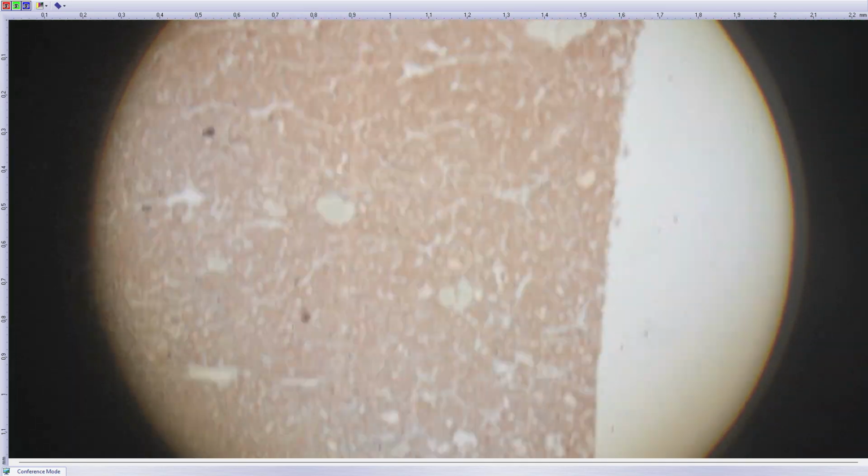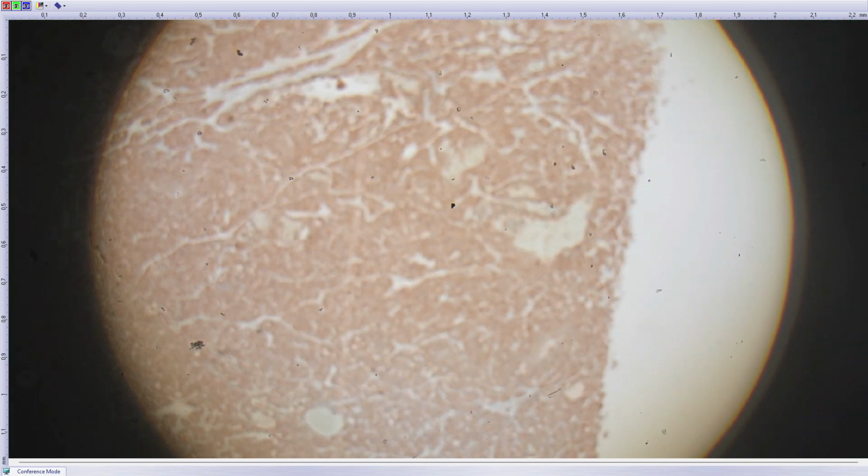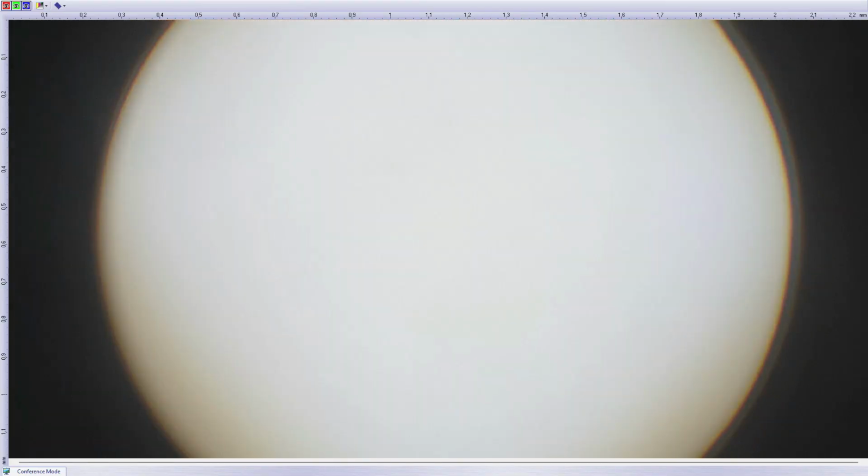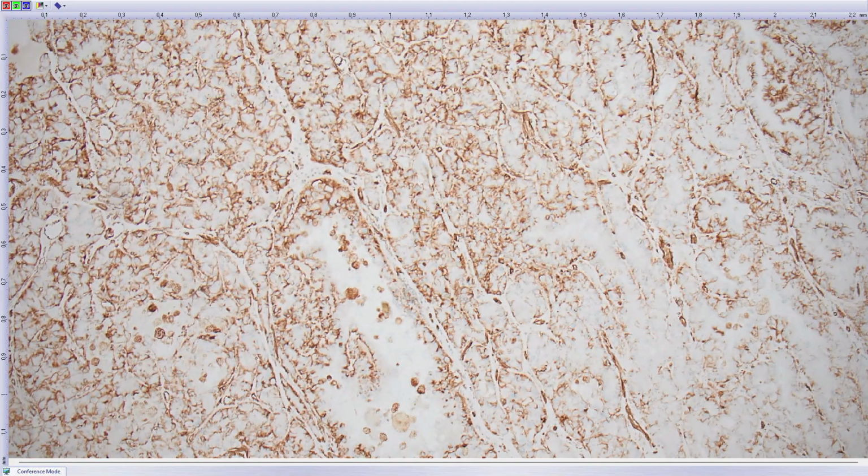But if you go through the immuno, you will see that this is FH. FH is retained, the same as SDHB. You will go into the eosinophilic tumors. I relatively frequently use vimentin because I think it is a very good marker in the differential diagnosis of eosinophilic renal cell tumors.